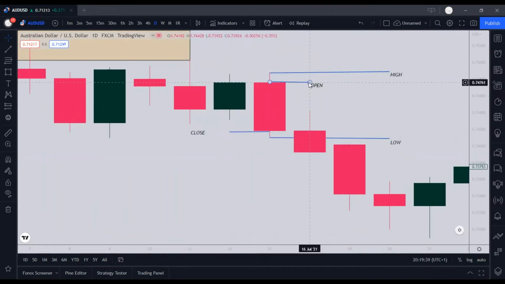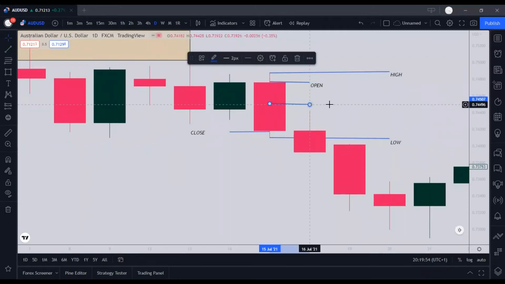It opens here and then closes down. This is the high, this is the low, and then this is the body. The whole red color that you are seeing there, that's the real body of the candle.